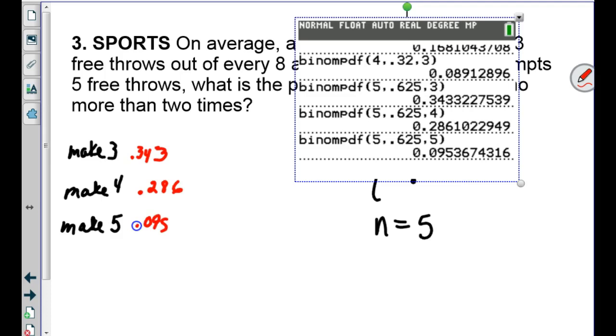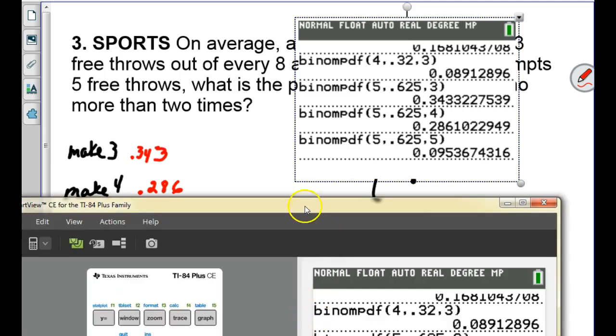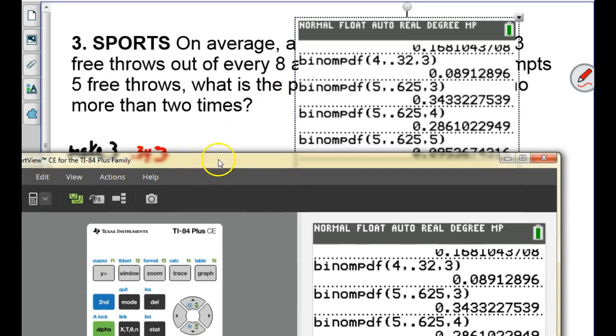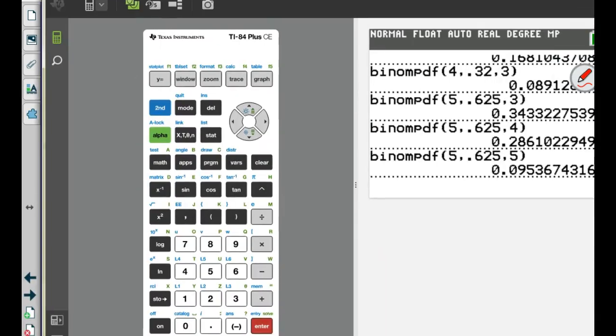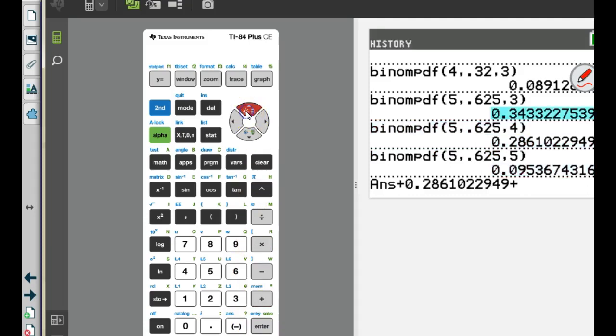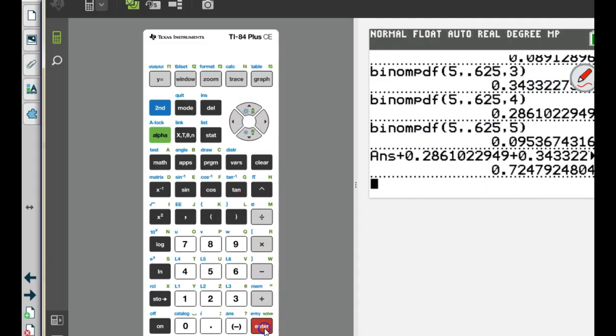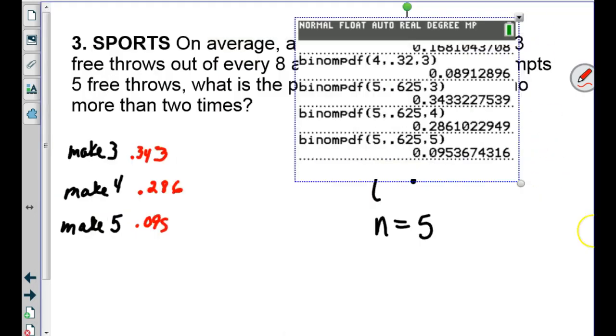So if I add those all up, which I could do on my calculator, yeah, you guys just typing them in is probably faster. 0.7245, something like that, depending whether you used all the decimals. But about 72%. Can we just go with that?